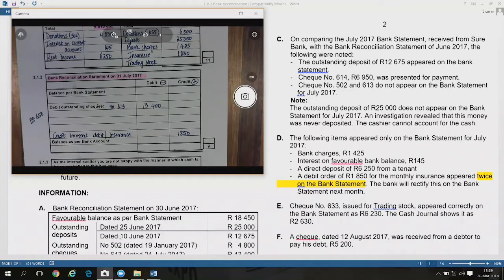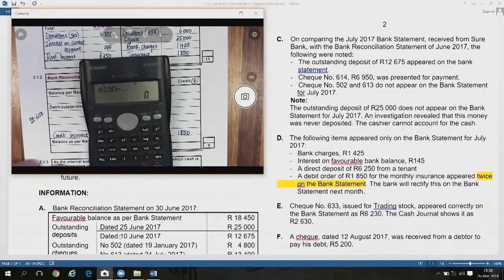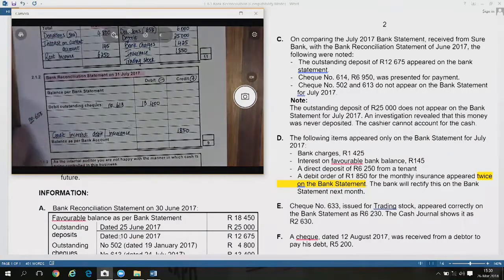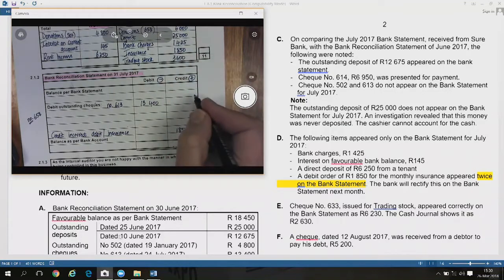Why do we put it in the CPJ? Because our journal was too little. So we say the correct amount was 6230 minus 2630. So we are short 3,600 Rand in the CPJ.